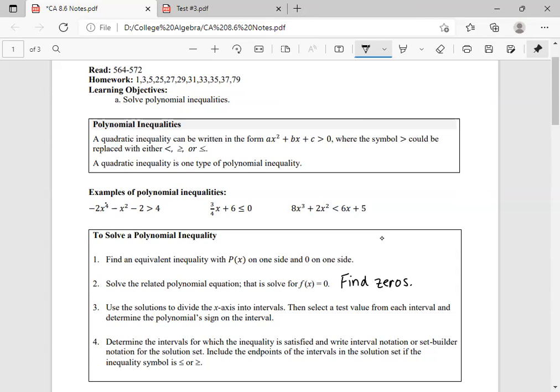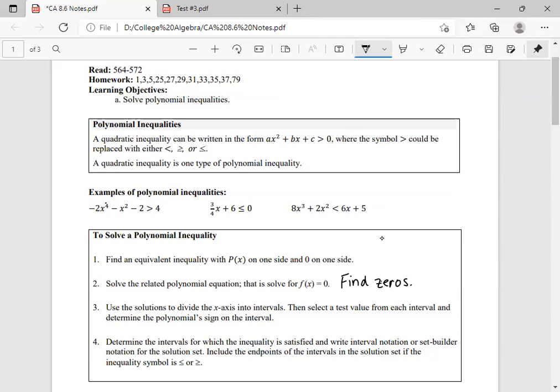We're going to use the solutions to divide the x-axis into intervals. So once we find the zeros, we're going to divide the x-axis into intervals that contain those zeros. Then we're going to select a test value from each interval and determine the polynomial sign on the interval. This little section right here will make a lot more sense once we work a couple of examples.